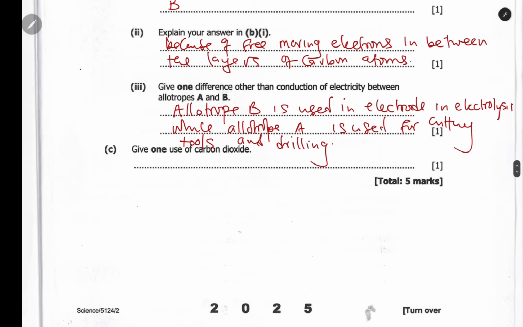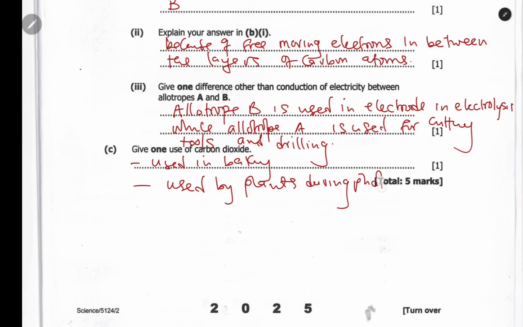Then C, give one use of carbon dioxide. So this is general. One use of carbon dioxide. It's not natural use, it's not artificial, but just one use. So used in baking, used by plants, that is the natural use, by plants during photosynthesis.